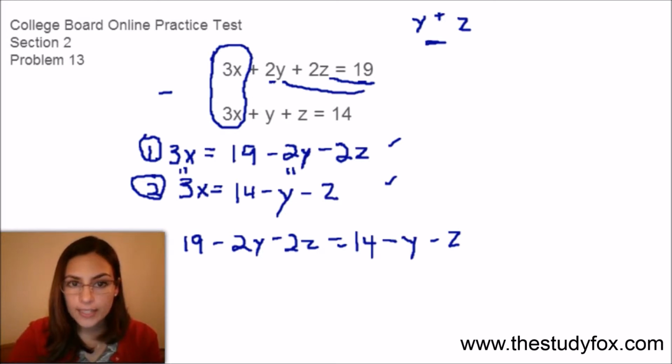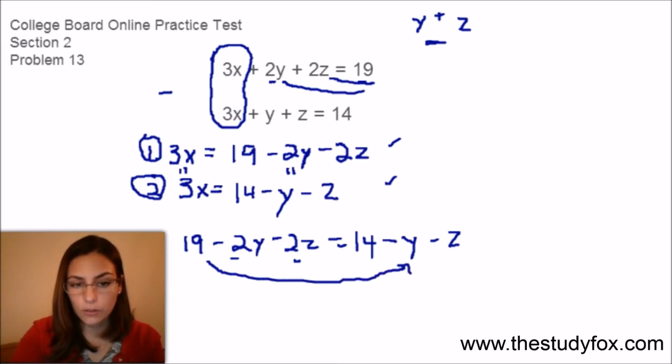So now the trick is to get y and z, or y plus z, to one side of the equation and get everything else on the other side so we can find out what y plus z equals. Okay, so how do we do that? Let's bring all the y's and z's to the left and all the non-y's and z's to the right. So we're going to keep the negative 2y and the negative 2z, and we're going to bring the 19 over here.